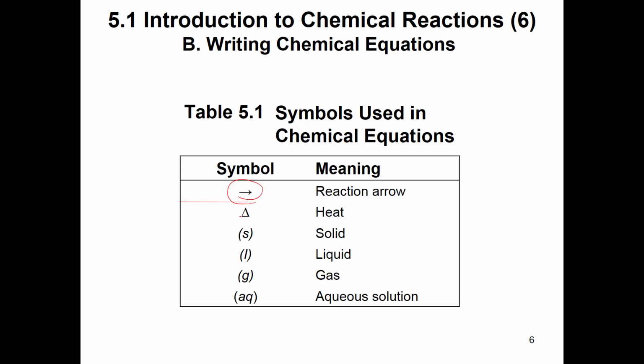The delta, this stands for heat, and when I have a formula such as sodium chloride and I put an S there like this, that means it's in solid form. If I put an L, it means liquid. G stands for gas. And aqueous, so sodium chloride dissolved in water, would be NaCl(aq).